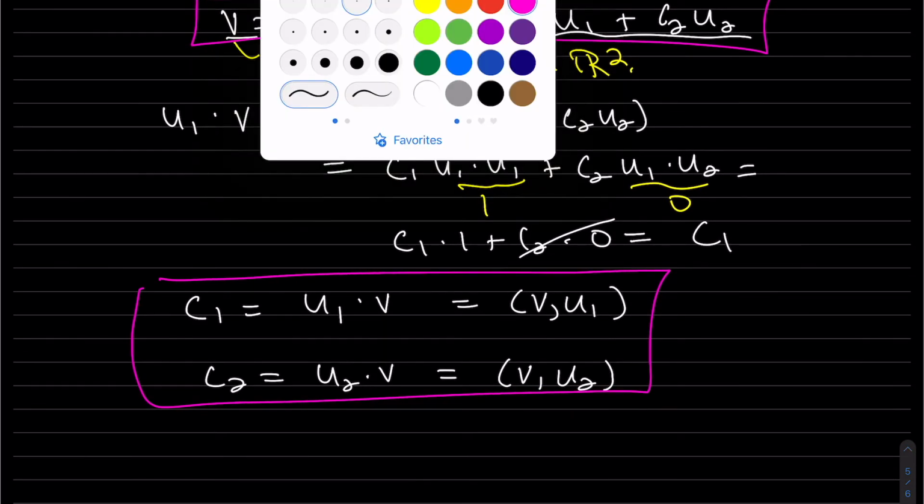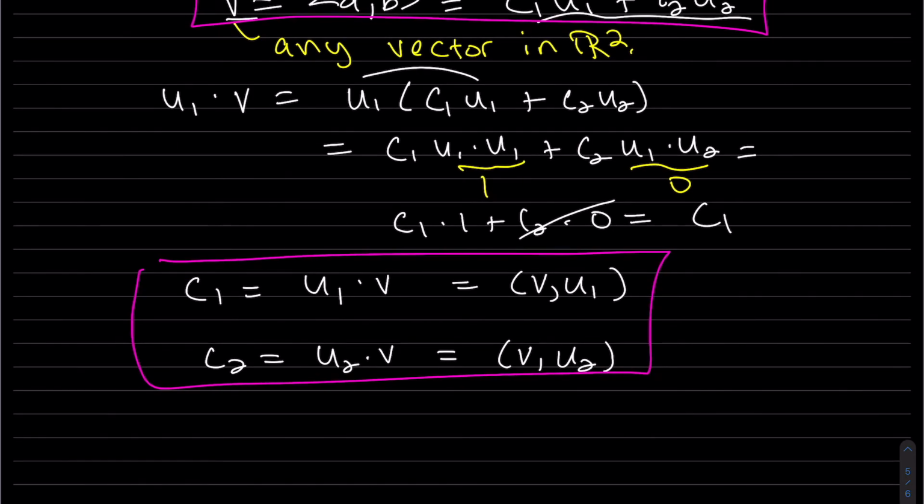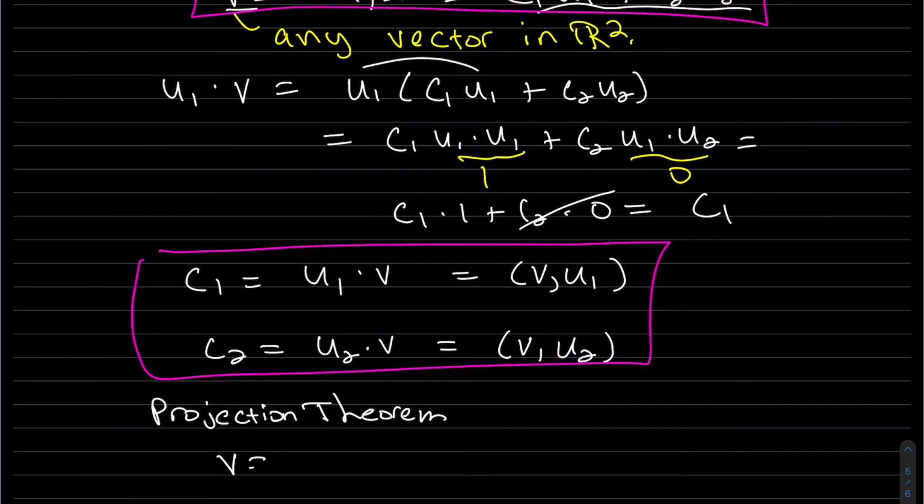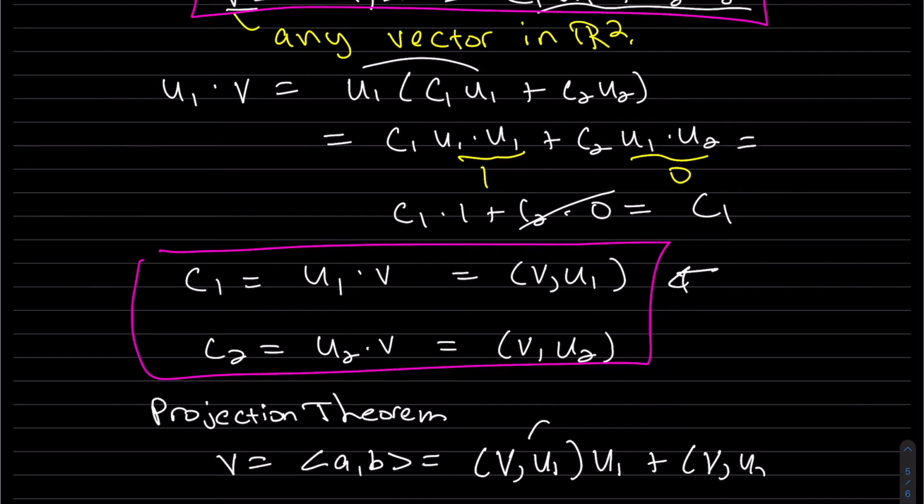Put it all together. This is actually the projection theorem. Any vector V in R2 is V dot U1 times U1, that's my C1, plus V dot U2 times my U2. Again, this is my C1, this is my C2.